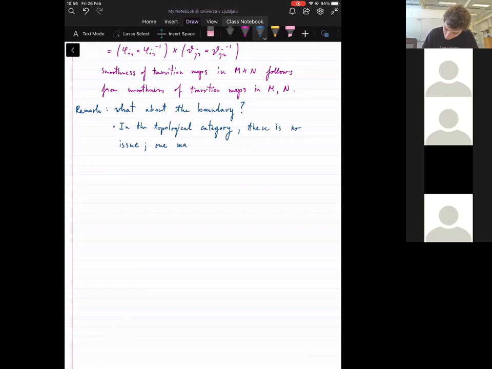One may prove, so we're not going to do this, that M times N is a topological manifold even if both M and N have boundaries.